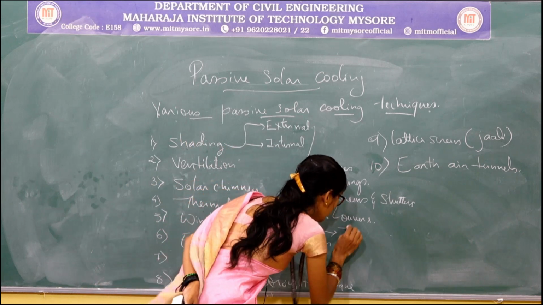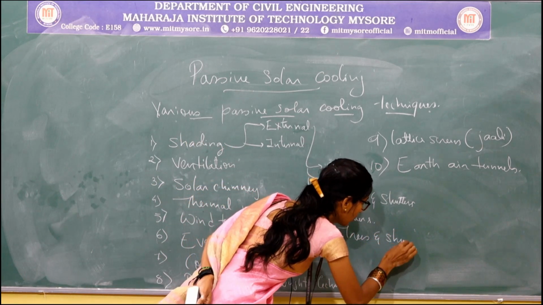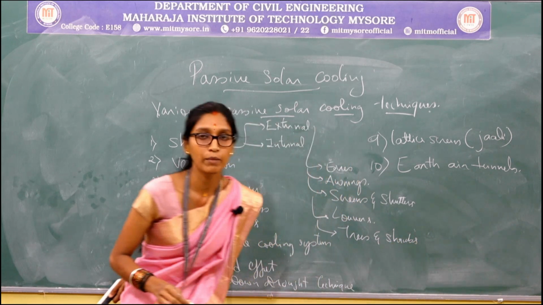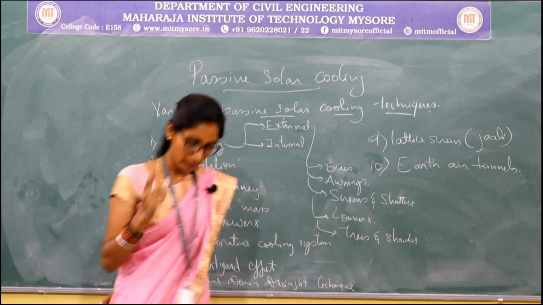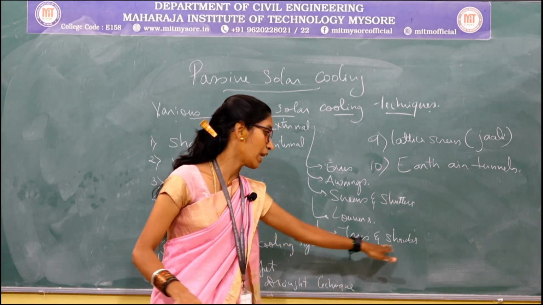So these are the trees and the shrubs. See, I am not using the word plant here, I am using the word shrub. Plant is different from a shrub. So keep it in mind, those are the trees and the shrubs.